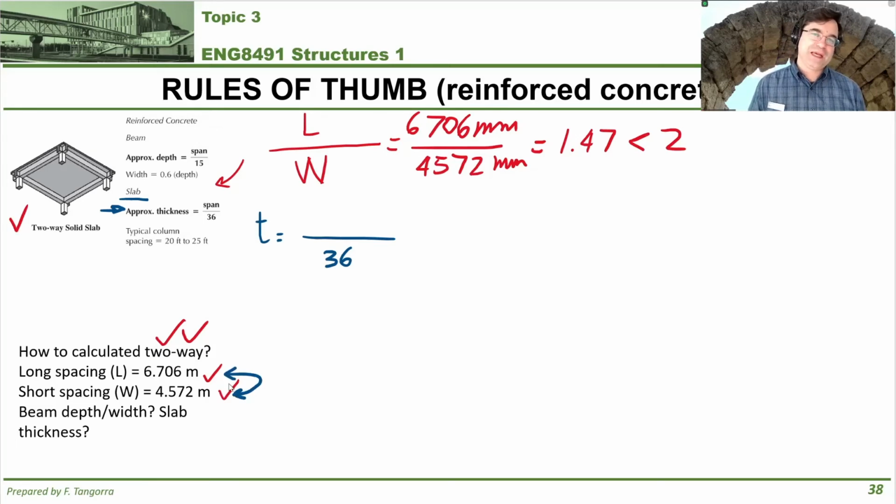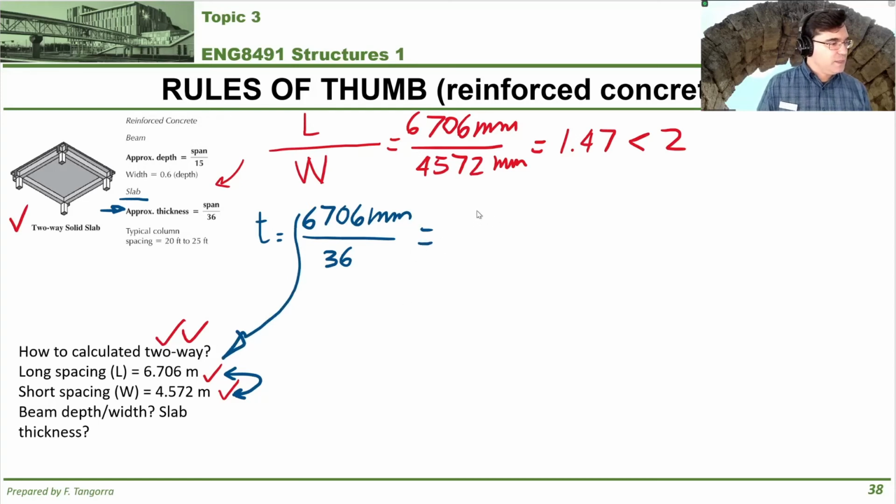Easy for two-way slabs. Always pick the largest one because it'll give you the thickest slab. So in this case, it's 6,706 millimeters, the larger one of the two right here. And when I do this calculation, best 2 out of 3, what do I get?